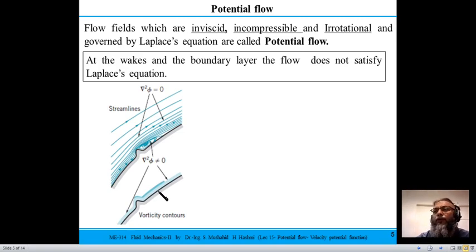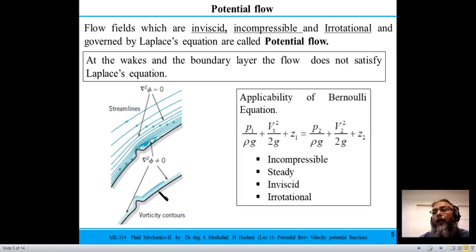So the whole subject of fluid mechanics is divided into two regions: potential flow theory and boundary layer theory. And we will go into the detail about boundary layer theory after covering potential flow.